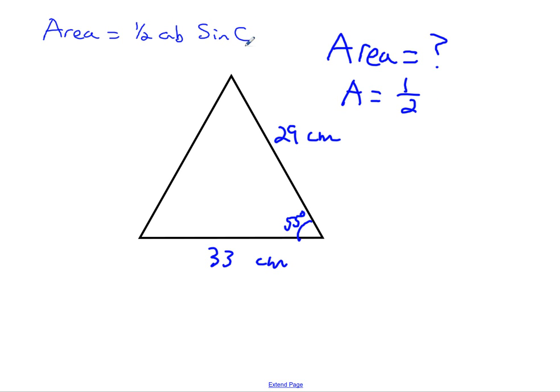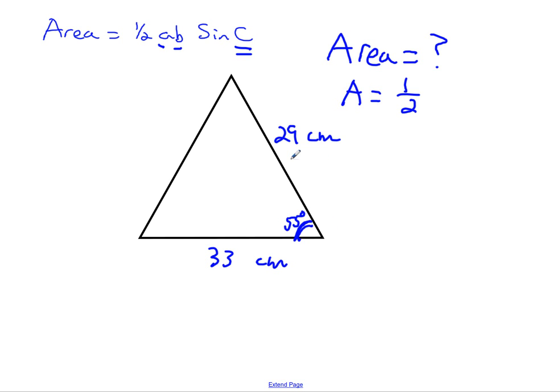Now, the only angle in the formula is right here. So that means we're going to use this right here. Now, what you have to get good at picking out is the angle is in between the two sides that you're working with, and those two sides are A and B, which are interchangeable. So we can call this A and this B, or we can call this B and this A.